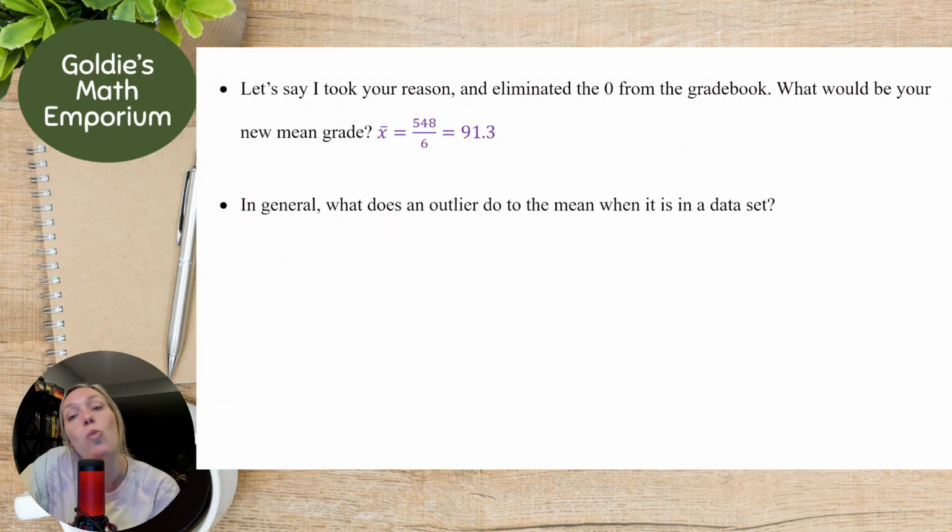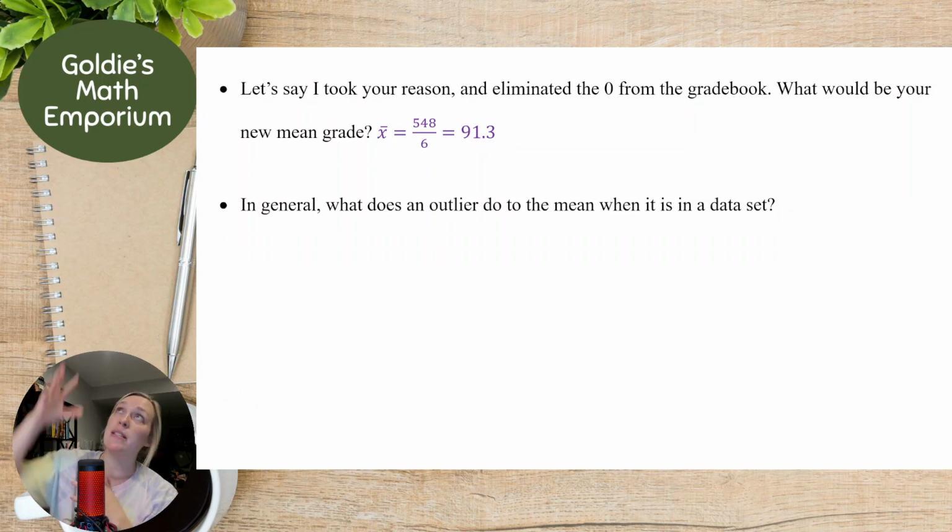So in general, what did the outlier do to the mean in a data set? Well, what we saw was by taking the outlier out, my mean shot up. Because when I had the outlier in there, that outlier was pulling my test scores down with it. It was low, it was at the bottom, it was a 0, and it just wanted to pull down the average.